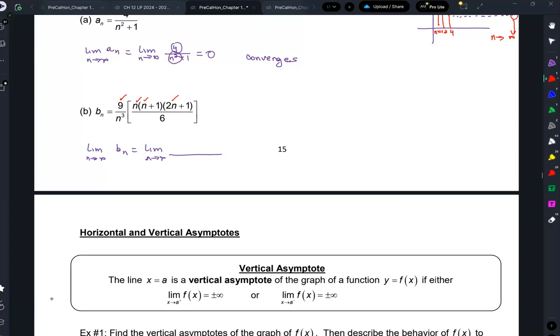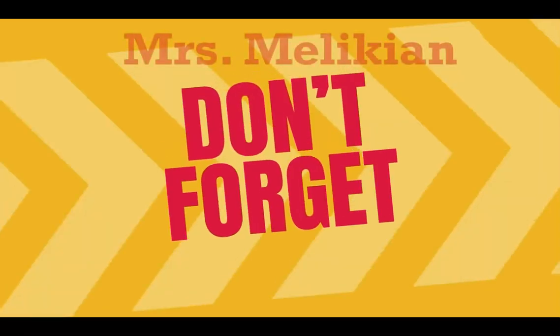How much is that? 18n cubed. And in the denominator, that will just be 6n cubed. So what would that limit equal? 3. So this also converges.